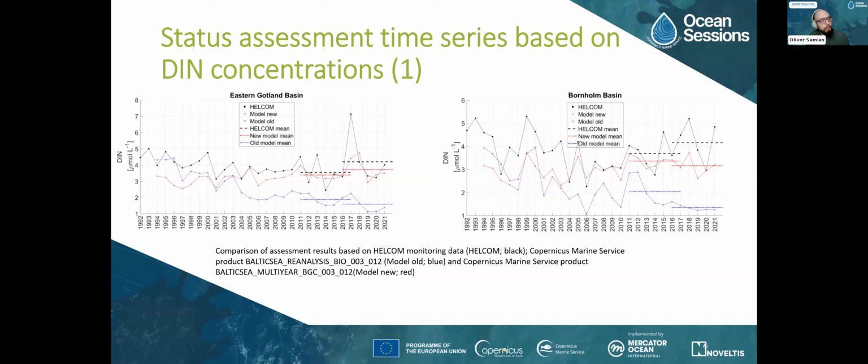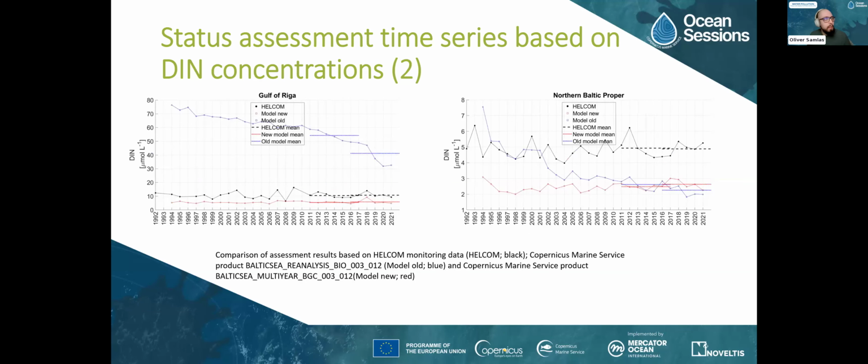We use the reanalysis because it already incorporates the actual in situ measurements. As you can see, these are 2 of the central basins. The red line is the new model, the blue line is the old model, and black is the HELCOM results. In central basins and southern basins, the results did get better.